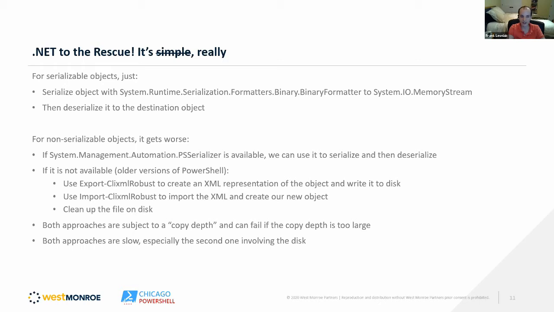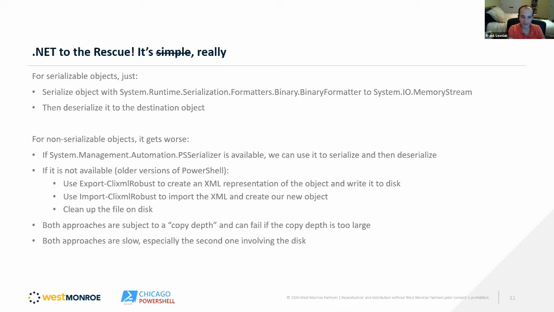That's great, right? Makes things easier. But if that object is not available, either because there's something wrong with .NET, and yes, I have seen that, or because you're on an older version of PowerShell or an older version of Windows that doesn't have PS serializer available, then your options are using the Export-CliXml and Import-CliXml cmdlets.